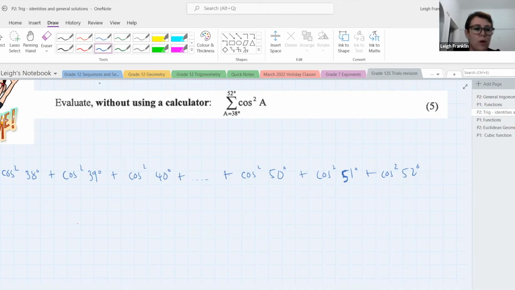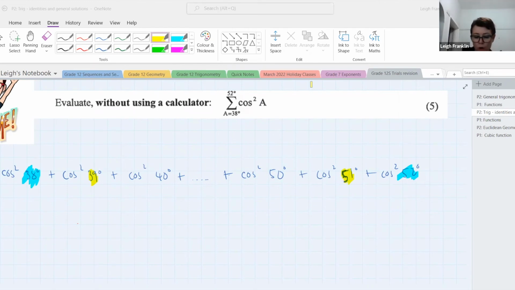Again, this is the importance of your co-functions. Look at those two numbers. What do they add up to? That's not by coincidence. 39 and 51 also add up to 90.